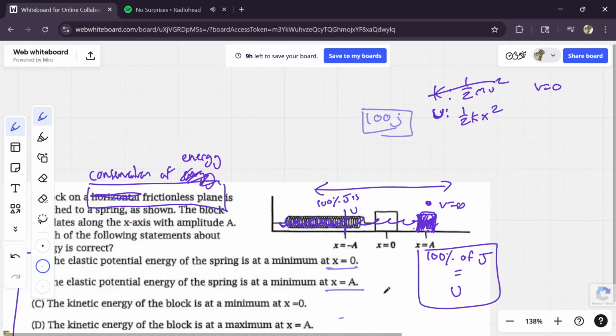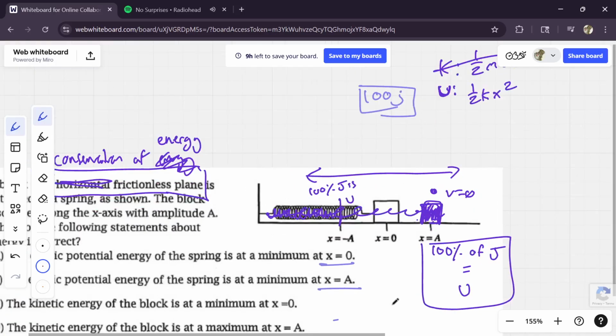And the middle part is honestly kind of annoying to explain, because when you look at the picture, you see this spring and you see the box right here, and you assume for a second, okay, maybe it's at rest. But in reality, this box is constantly moving side to side. But the moment the box reaches this point of x is equal to zero, the spring is not distorted in any way.